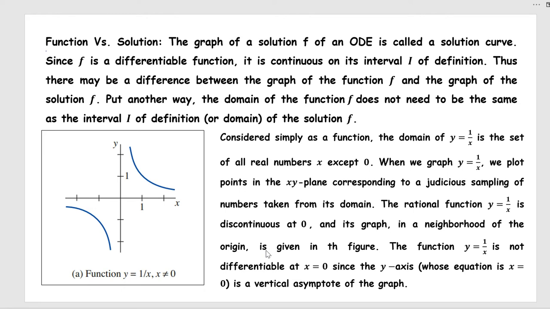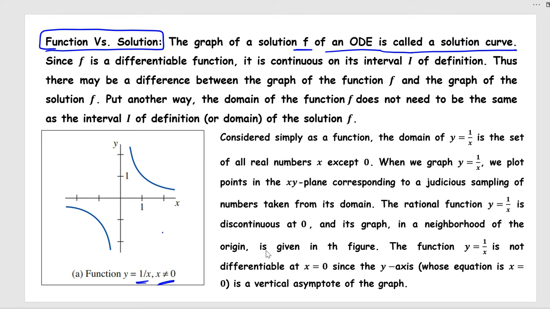Now, this is a function versus the solution. So, when do we have y equals 1 by x, x not equal to 0? This is a function. The graph of the solution f of an ODE is called a solution curve.